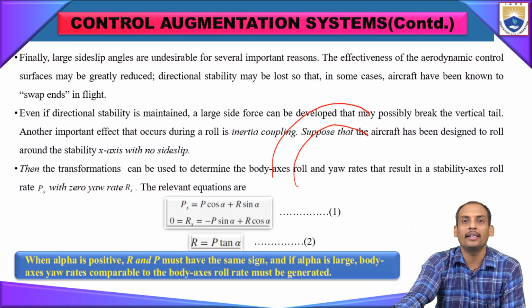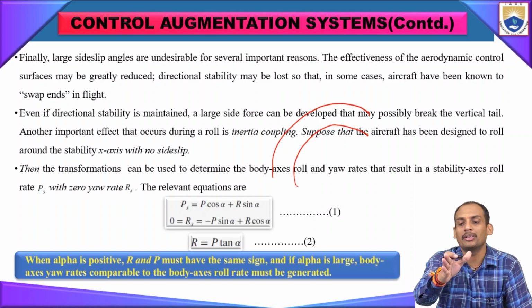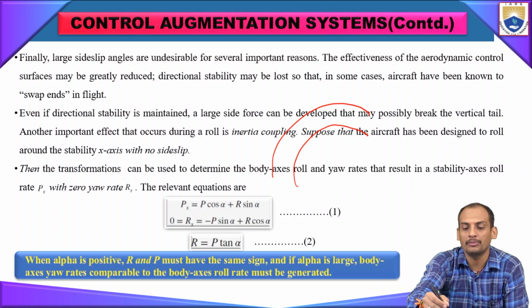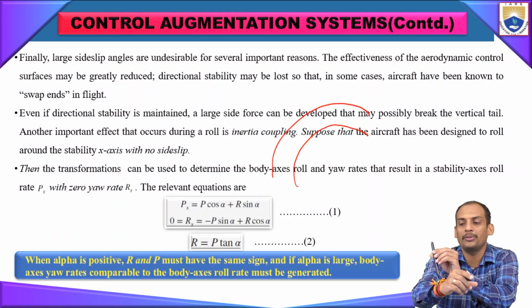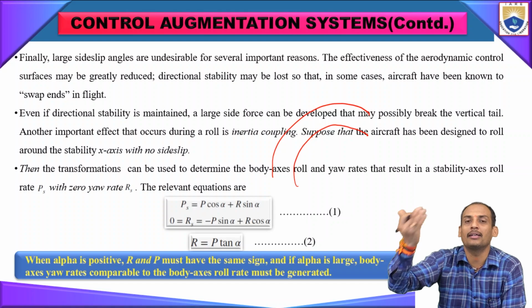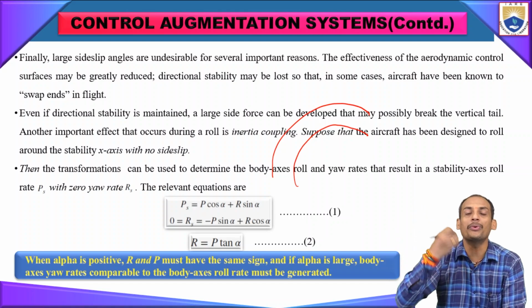So even if the directional stability is maintained, a large side force can be developed. That may possibly break the vertical tail also, because when it is moving like this, the vertical tail will attain more forces.